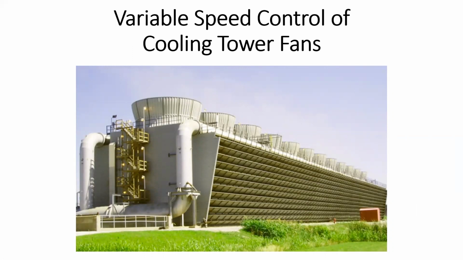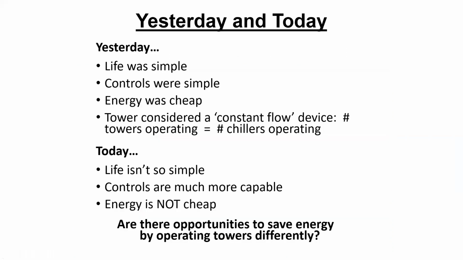Now we're switching to variable speed control for cooling towers. Let's take a look at the control system on cooling towers. In the past, controls were much simpler. Energy was cheap, so we didn't worry too much about those.